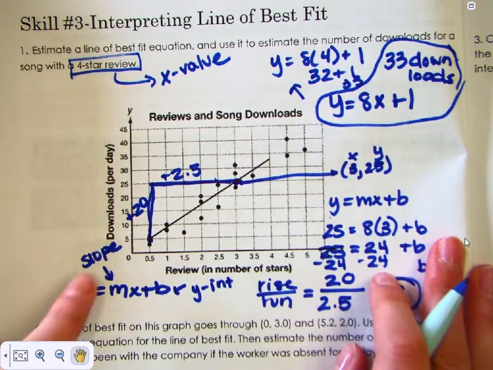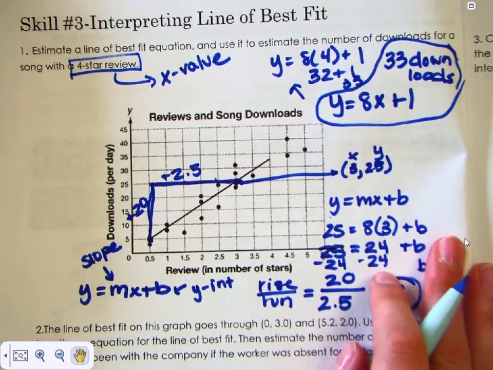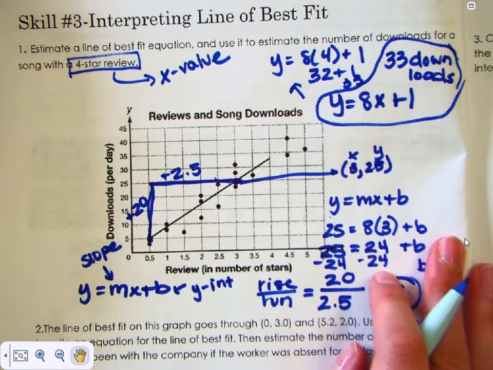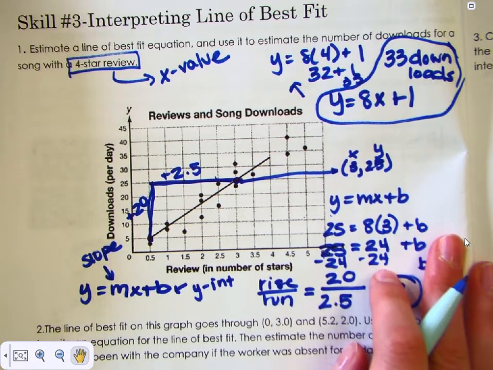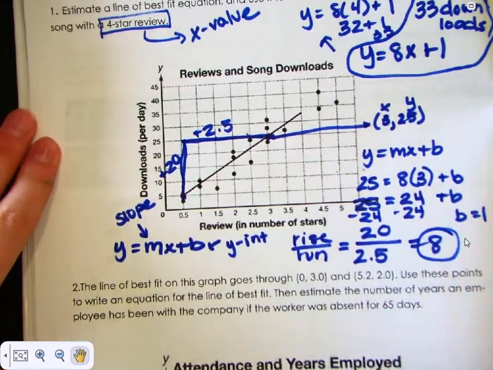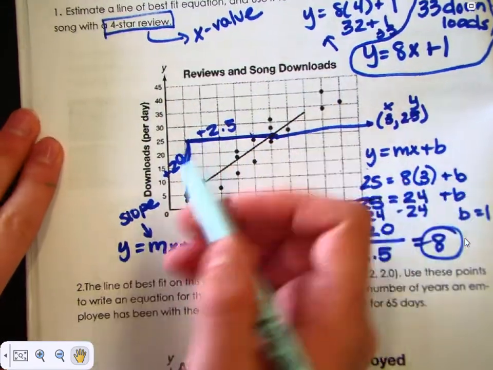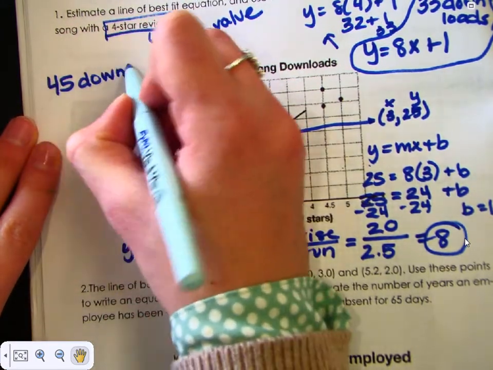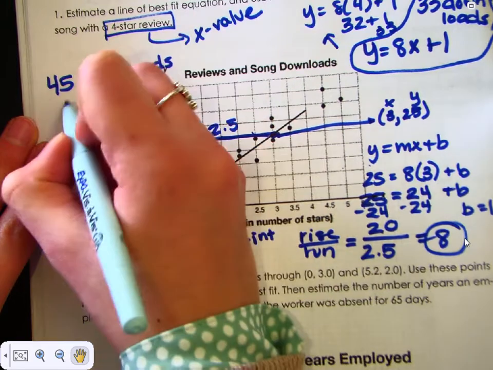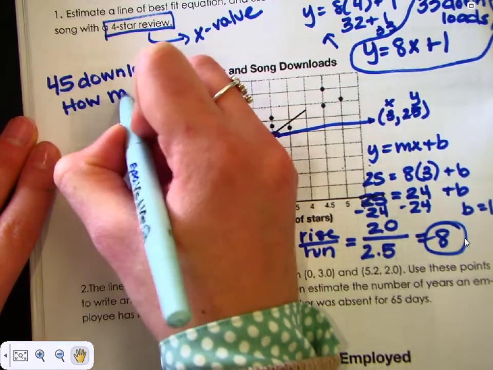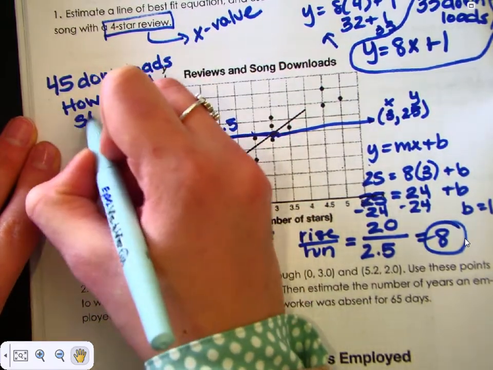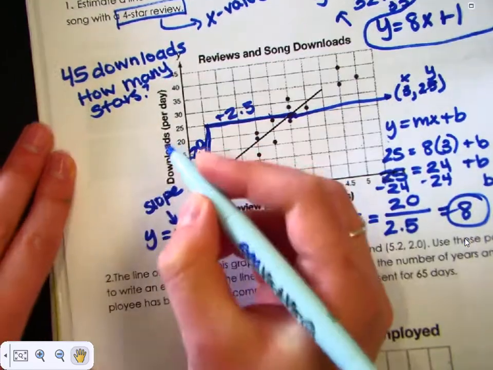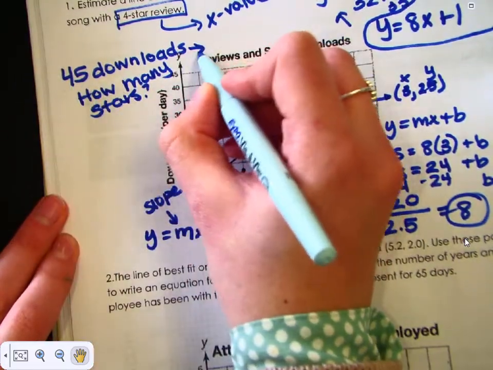If it were going to give me how many downloads and it wanted to know how many stars that particular song had, then you would do the opposite. So say I wanted to figure out if something got 45 downloads, how many stars would it have? So I would do the opposite. 45 downloads, that's my y.